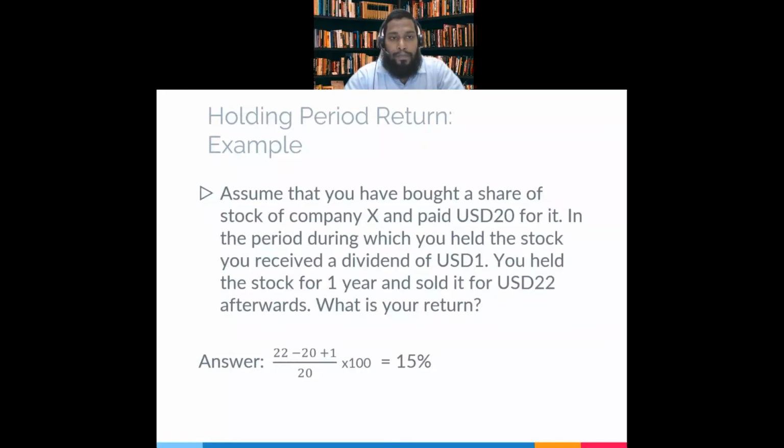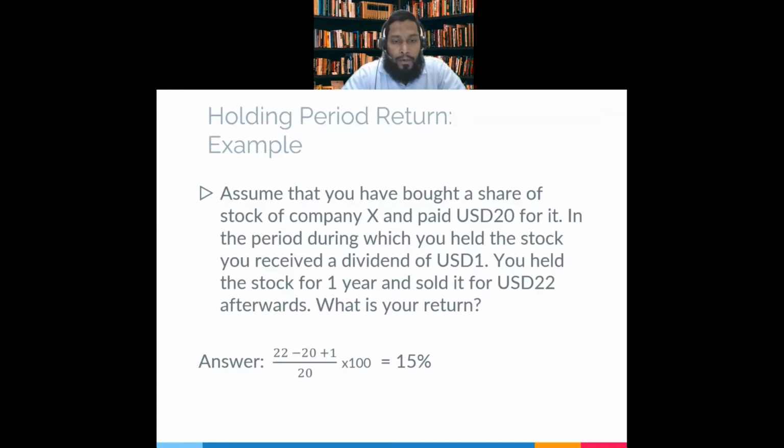So here is an example. Assume that you have bought a share of stock of company X and paid USD 20 for it. During the period in which you held the stock, you received a dividend of USD 1. You held the stock for 1 year and sold it for USD 22 afterwards. So what is your return?